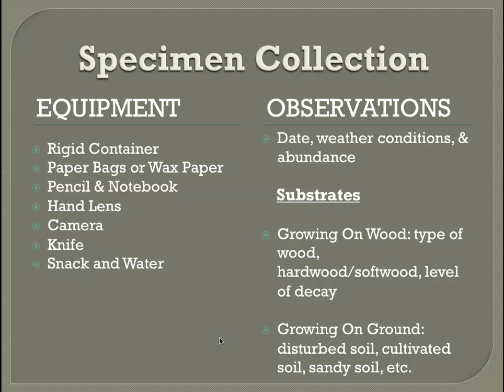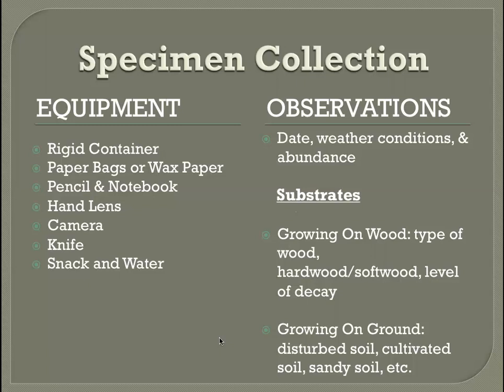Once in a while, if I want to collect a bracket fungi or a woody fungus that's on a tree, if I want to collect one for a species, or for a voucher specimen to take home to identify, I'll use a knife to help get that off the tree, but usually you don't need one. Good to have if you want to do some field ID of gills, but not entirely necessary. And of course you want a snack and water when you're out in the woods. Don't forget to take care of yourself.